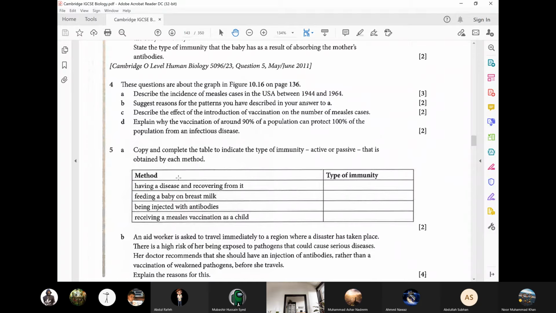So if a pathogen enters their body, it will be dead, and they will not be able to pass on that pathogen to other people, and it will be providing herd immunity.